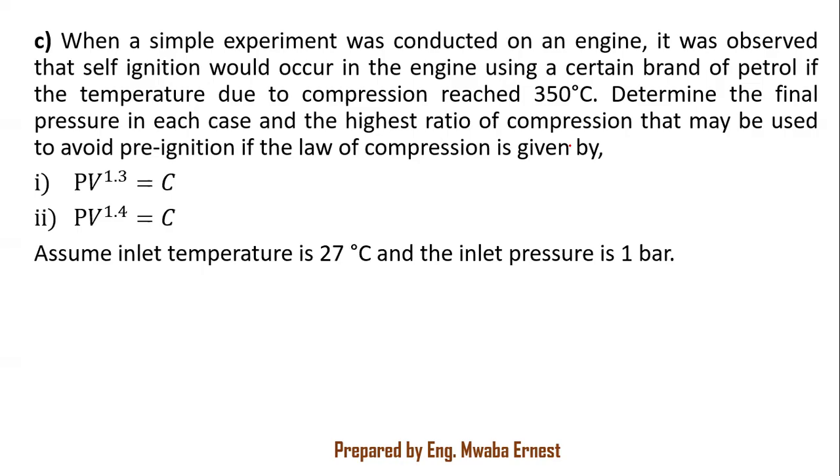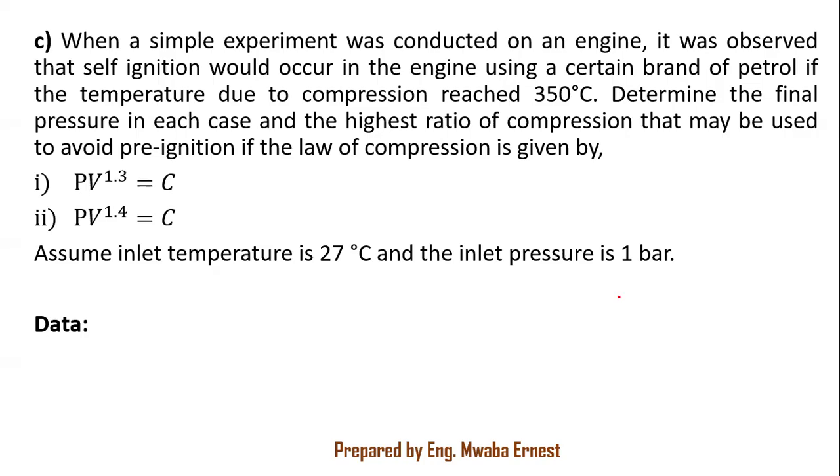Now, what do we have? We have been given the conditions that the inlet temperature is 27 degrees Celsius, inlet pressure 1 bar. This is an assumption that has been provided in addition to what is already there.